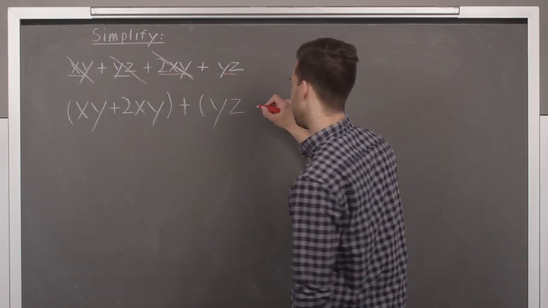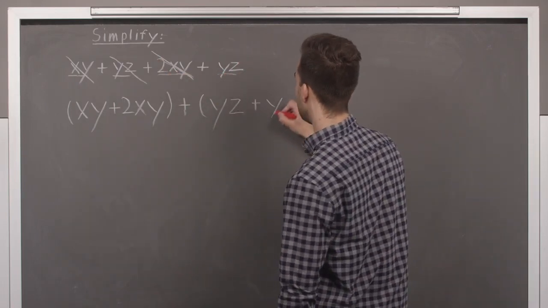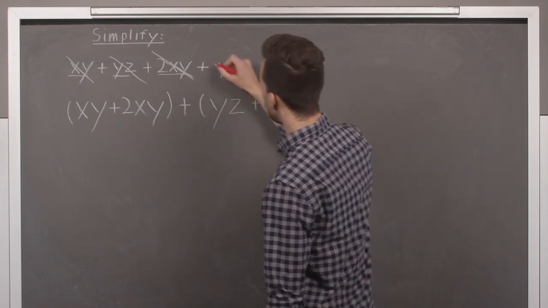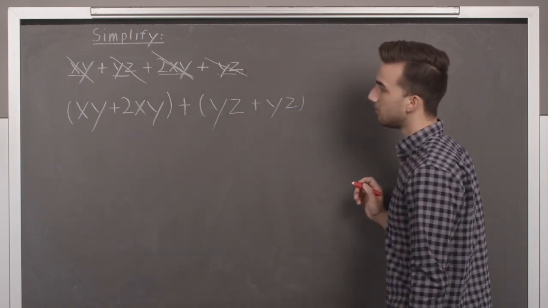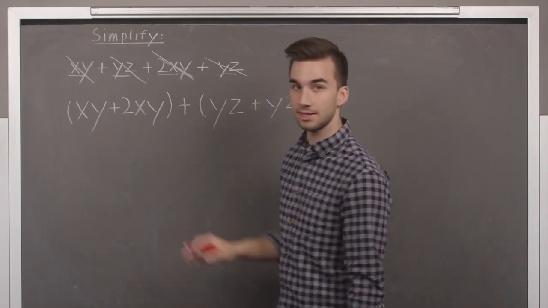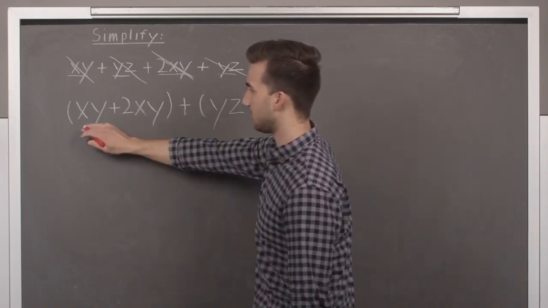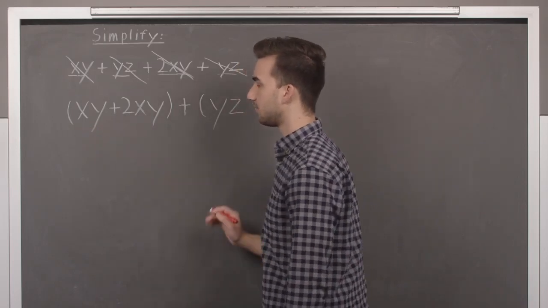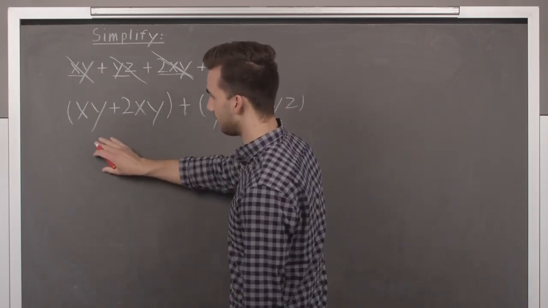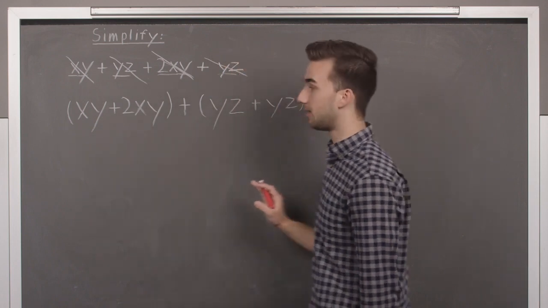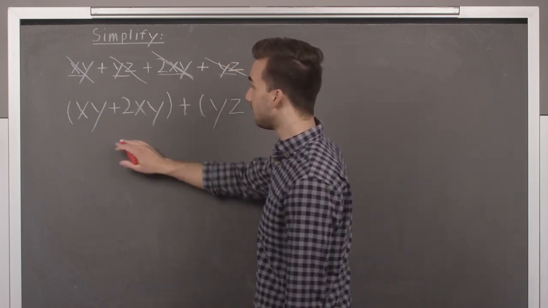We have another plus yz over here. So now we can just add them, just like they're variables, because it's basically a big variable when you have multiple variables times each other. As long as they're the same combination, you can add them up.